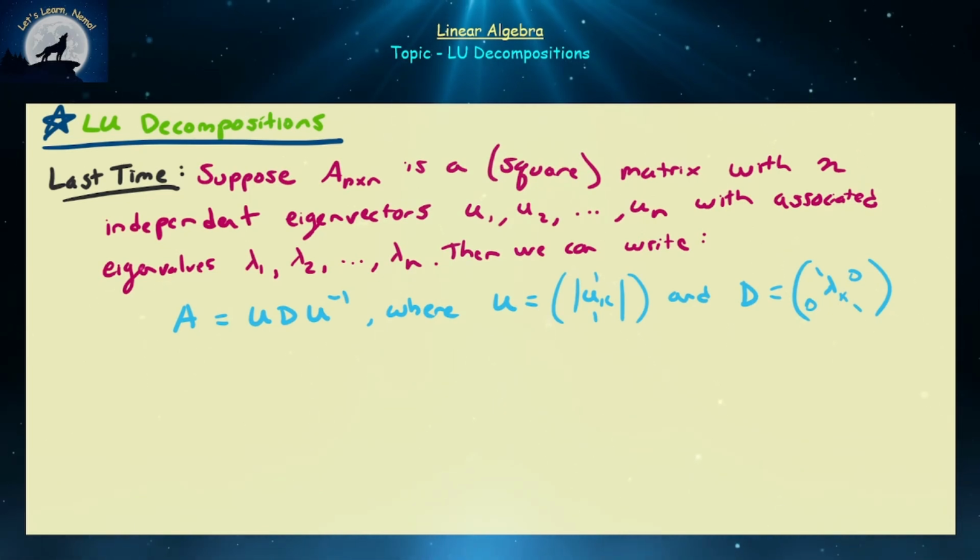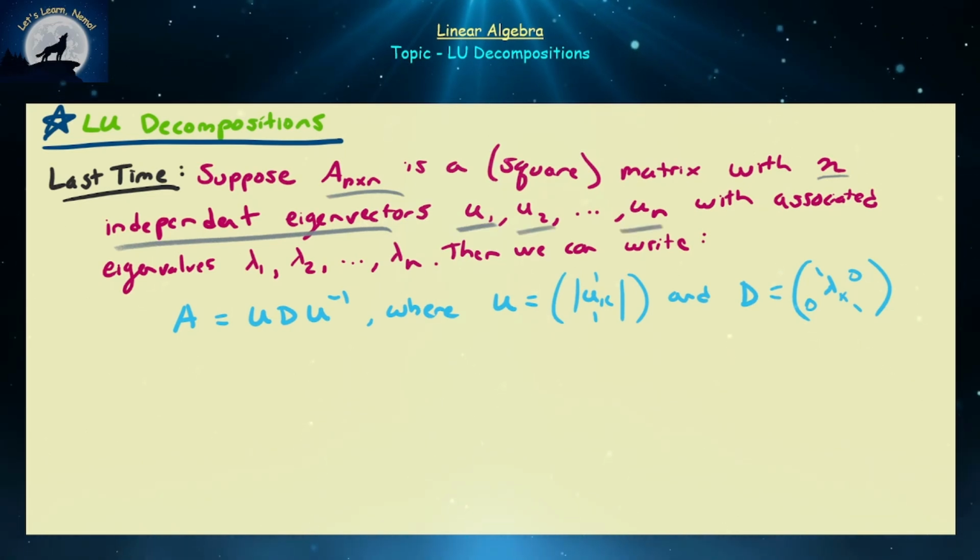Suppose that you have a square matrix A, n by n, with n independent eigenvectors, let's call them u1, u2, up to un, with associated eigenvalues lambda 1, lambda 2, down to lambda n.